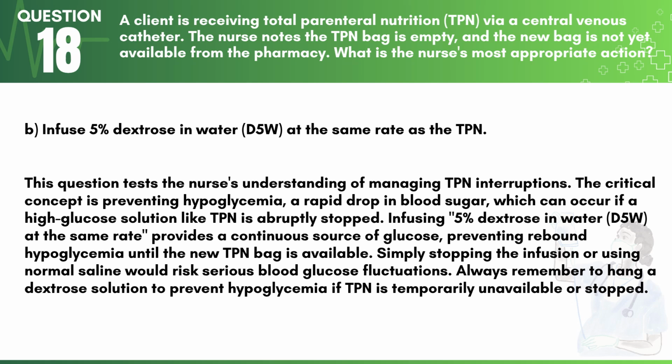Infusing 5% dextrose in water, D5W, at the same rate provides a continuous source of glucose, preventing rebound hypoglycemia until the new TPN bag is available. Simply stopping the infusion or using normal saline would risk serious blood glucose fluctuations. Always remember to hang a dextrose solution to prevent hypoglycemia if TPN is temporarily unavailable or stopped.